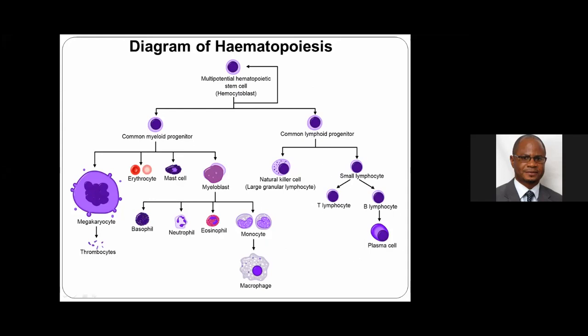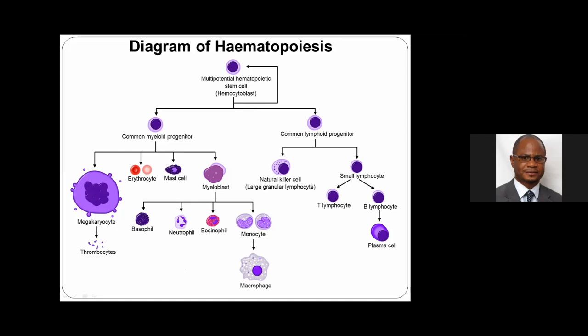Plasma cell, you can meet a question that will ask you, what is a plasma cell, or is a plasma cell a lymphocyte? So if you get a question like, this cell is a lymphocyte, and then you see some other cells, including a plasma cell, I want to put on record that plasma cell is a lymphocyte.